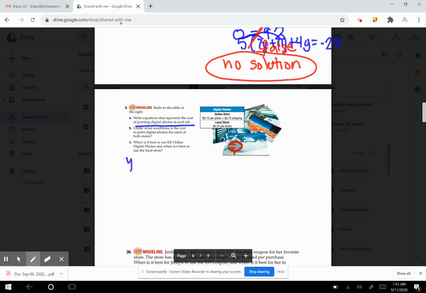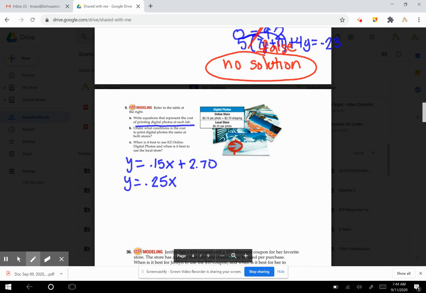So we have y equals 0.15x per photo, so that's telling you that's your rate, plus $2.70 for shipping. My other one is y equals 0.25x per photo. So that's nice that they gave us that information already.